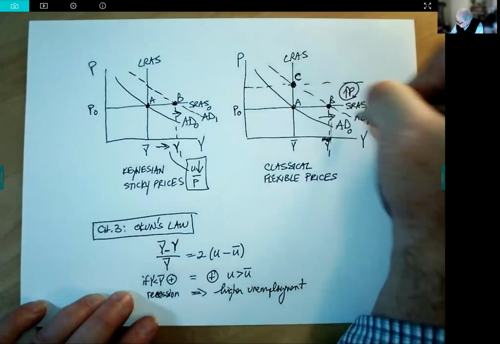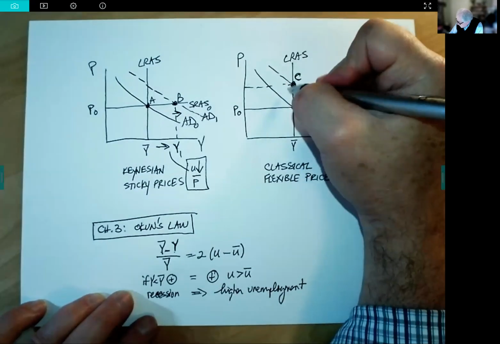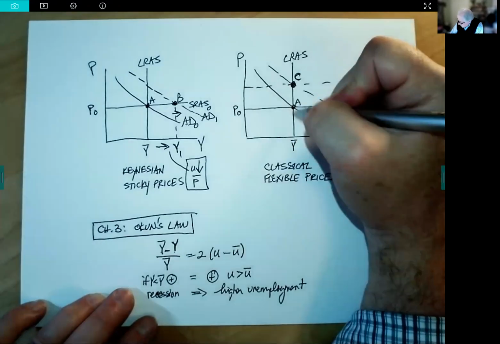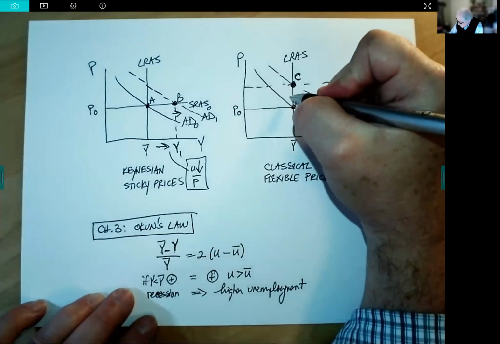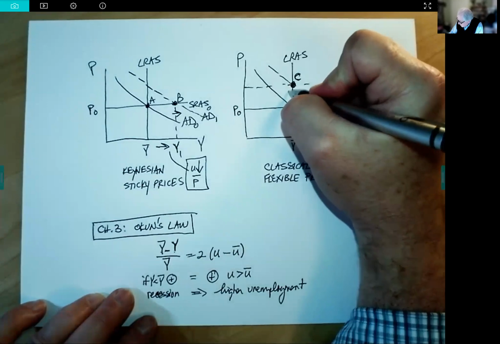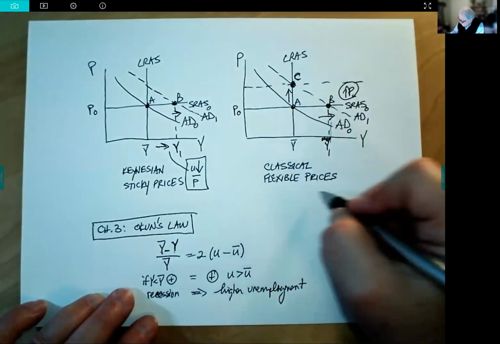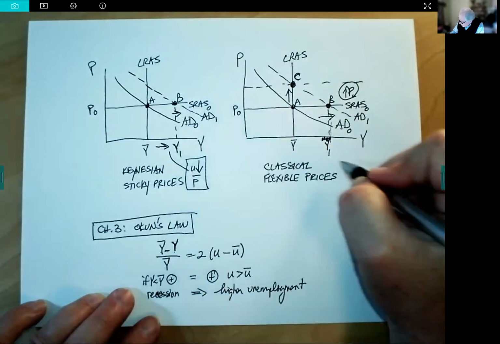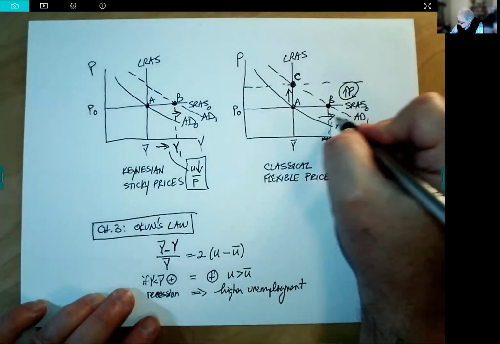So the impact of the increase in aggregate demand in that case, let's say it was monetary policy, an increase in the money supply, or a reduction in interest rates by the Federal Reserve. The only thing that happens in the classical model is a shift to the right of aggregate demand.